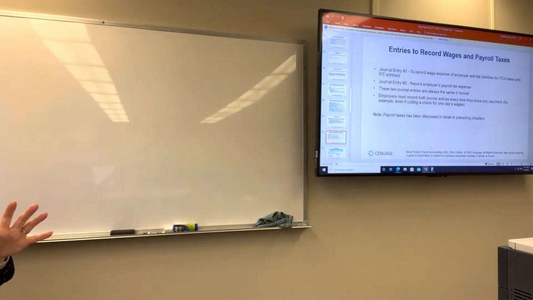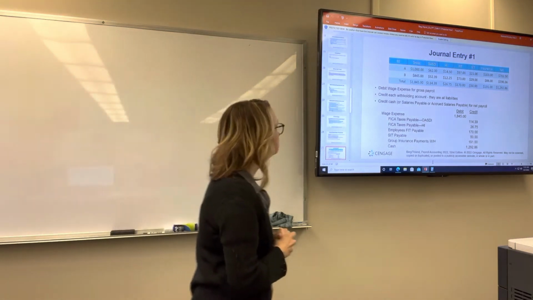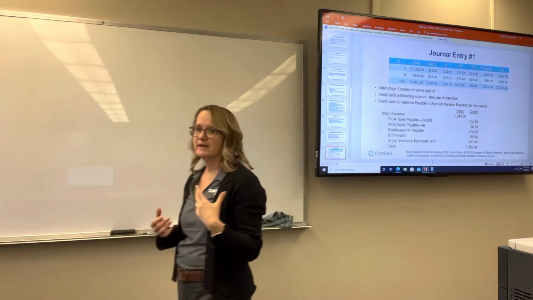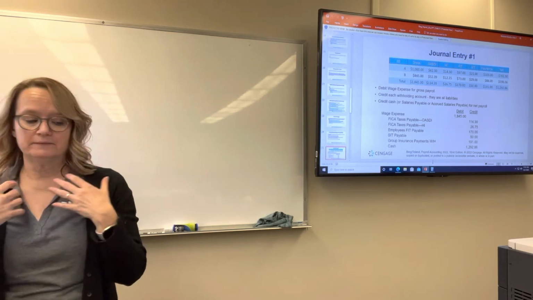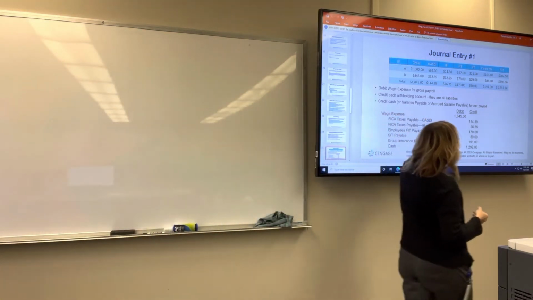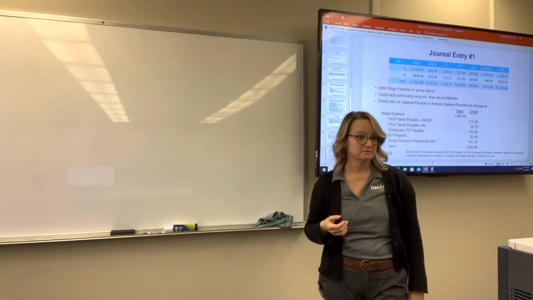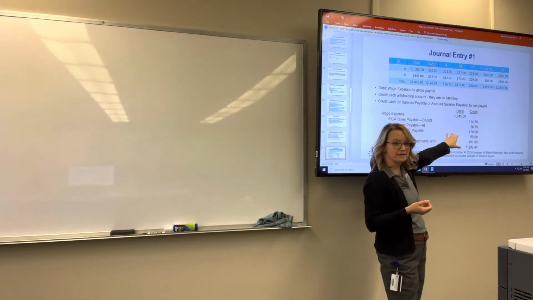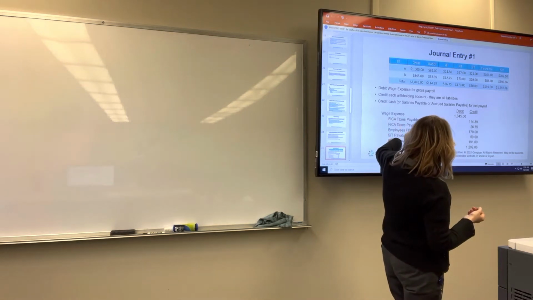Okay, so let's look at the first two. The first one, journal entry number 1, has to do with amounts actually paid to the employees. We're going to start with the total gross pay for all of the employees, and that's going to be our debit. Everything else is going to be a credit, and we started to go through this on Tuesday as well.